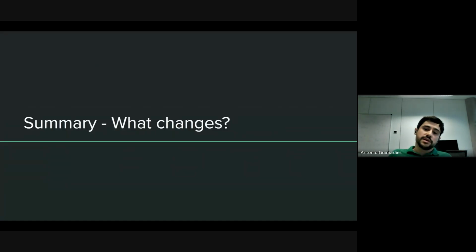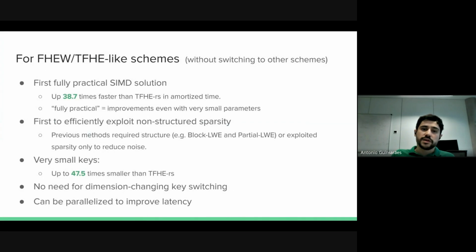In summary, what changes if you think about FHEW and TFHE-like schemes, and without considering switching to other schemes, because we also have this possibility, but only for them, is that this basically gives one the first fully practical SIMD solution for these schemes. And by fully practical, I mean that we have performance improvements even for very small keys and very small parameters. We also are efficiently exploiting non-structured sparsity.